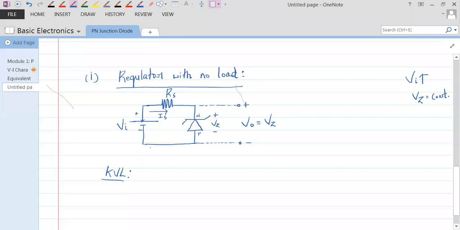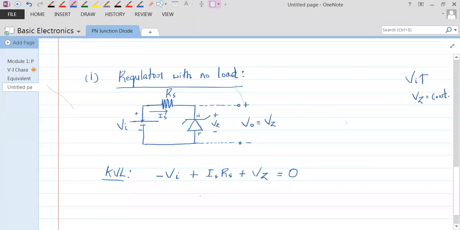So I write minus VI, then plus IS RS. Then comes this voltage Vz. Since we are approaching the positive sign of this Vz, I write plus Vz, and the algebraic sum of all this is 0. This is what KVL implies.